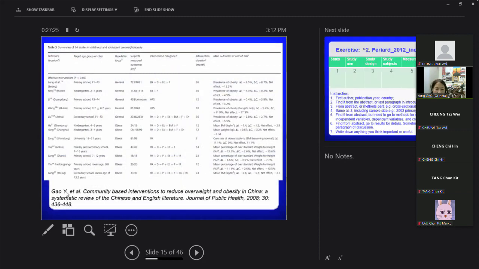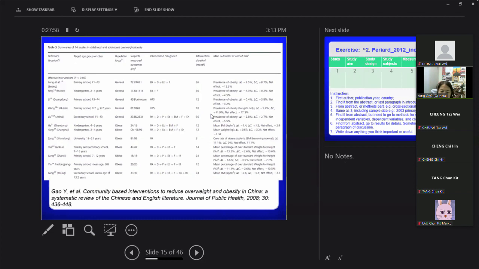Here is another one. It's commonly seen in systematic reviews and meta-analyses. Actually, it's a systematic review conducted by me 10 years ago. You may see that compared to the previous two, this one is more complicated and gives different information. That's true of systematic reviews and meta-analyses.